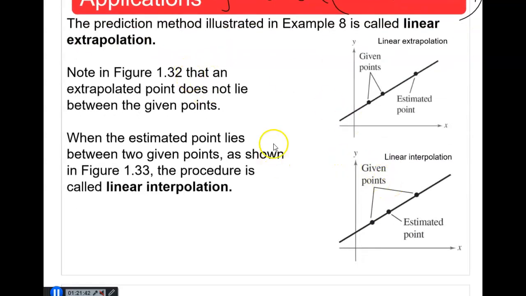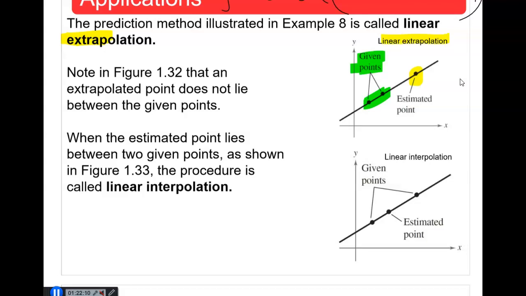Okay, here just quickly without examples, we have a case of extrapolation, and that means that you have a point that does not lie between the two given points. So these are the two given points, as you can see here, and the other point is outside, so we call that linear extrapolation.